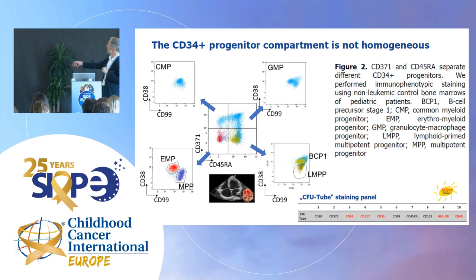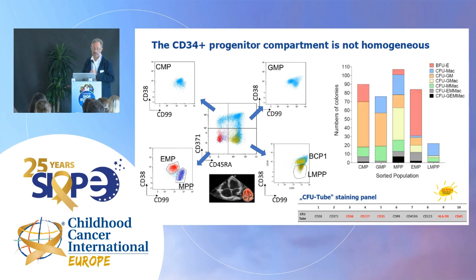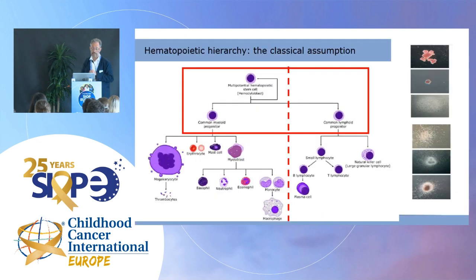So this is really this MPP fraction, and we really separate those by this marker combination. And we really like to look also at regenerative situations and AML MRD, because it's really helpful to understand the leukemic background.